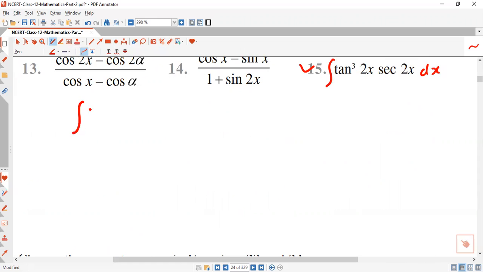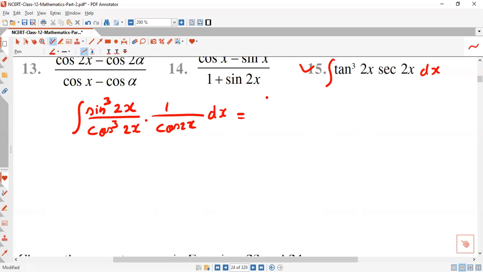It becomes sine cube 2x upon cos cube 2x, and sec 2x is 1 upon cos 2x, dx. This can be written as sine cube 2x divided by cos power 4 of 2x dx.